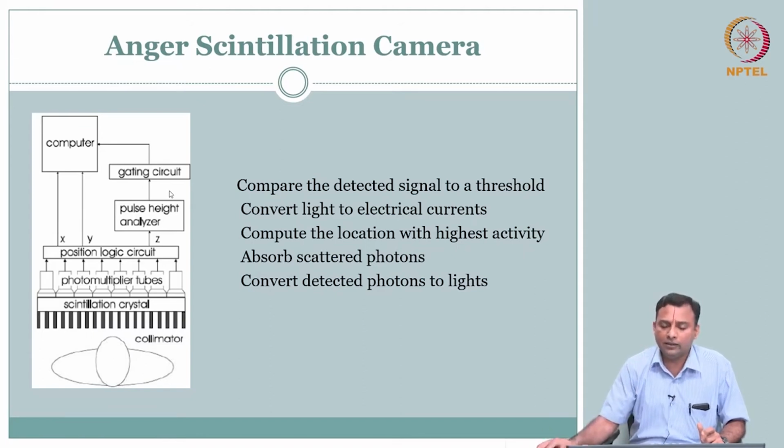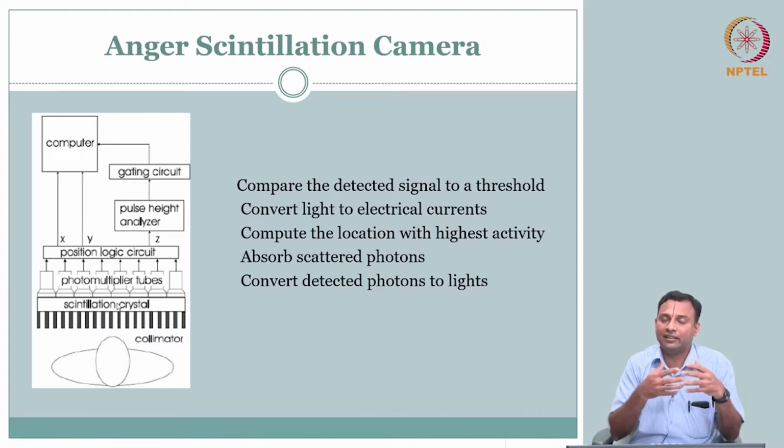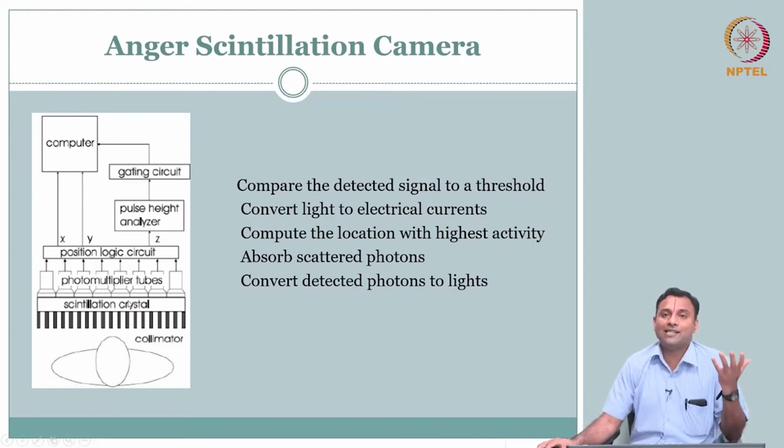So, the idea is from the detected energy you need to know whether that is one that is because of the radiotracer that is coming through, or, see, you have this scintillation crystal. So, maybe the photon is interacting with the crystal, right, the thick one. So, you could get Compton scattering there and you could get less energy coming out, Compton scattered.